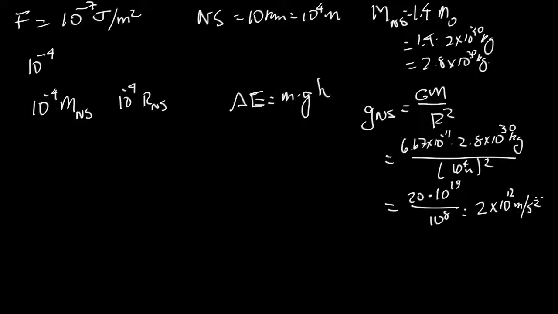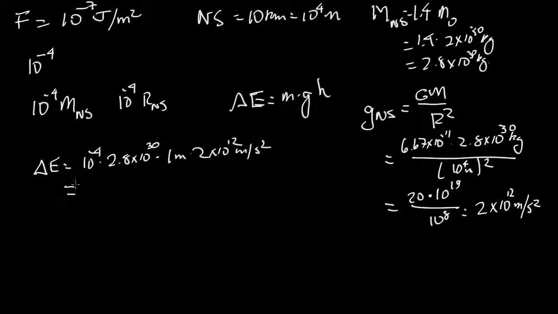So that means that the change in energy is going to be equal to m, which we decided is 10 to the minus 4 times the neutron star mass. So 10 to the minus 4 times 2.8 times 10 to the 30, times the height, which is 1 meter, times g, which we've just calculated as being 2 times 10 to the 12 meters per second squared.